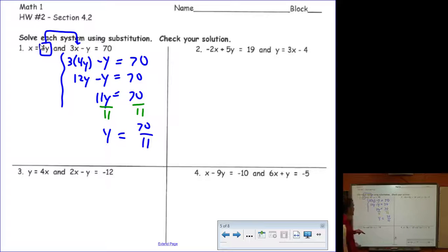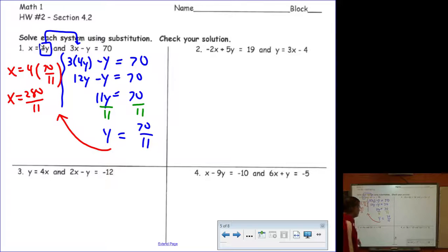And then I would take that number and plug it back in over here. And so x would equal 4 times 70 elevenths, and that would be 280 elevenths.